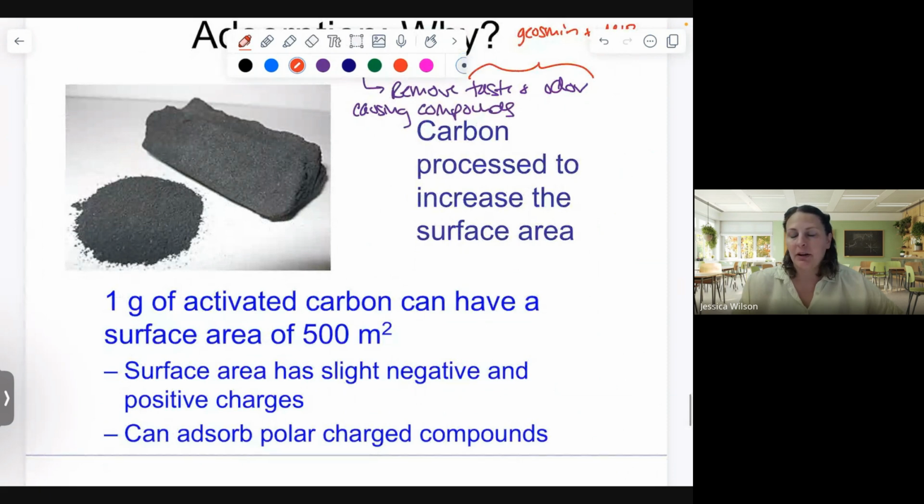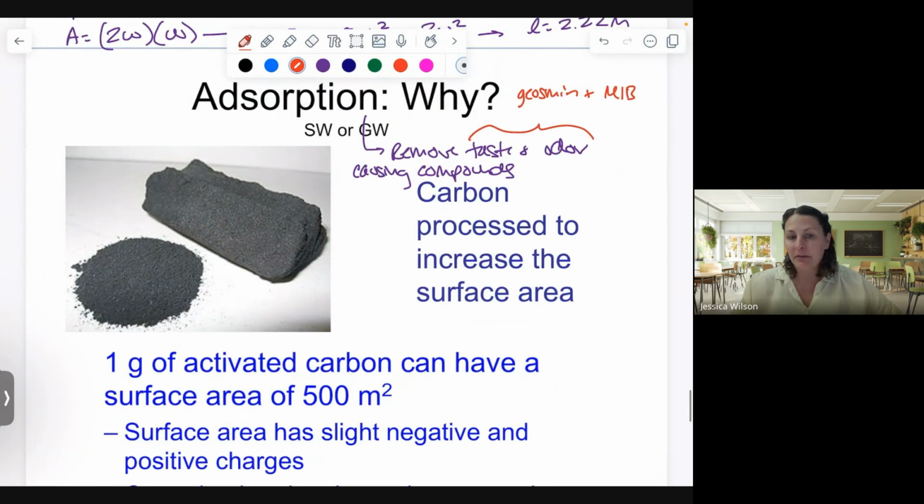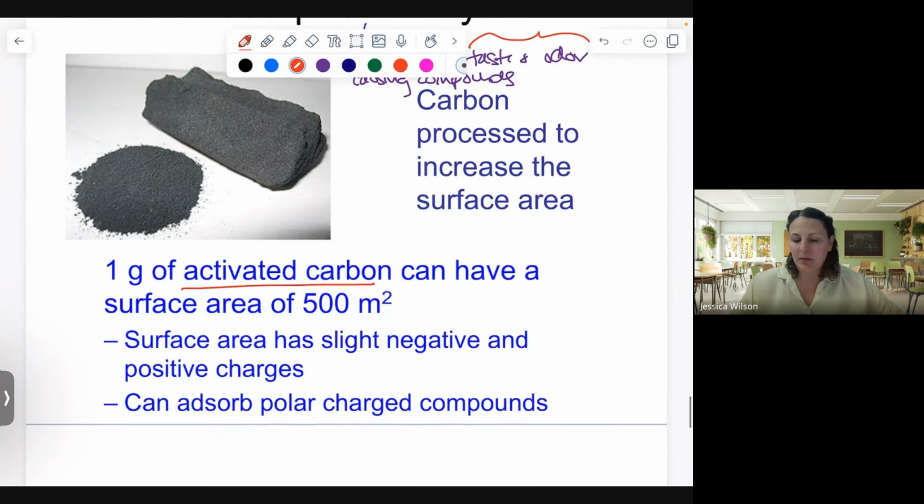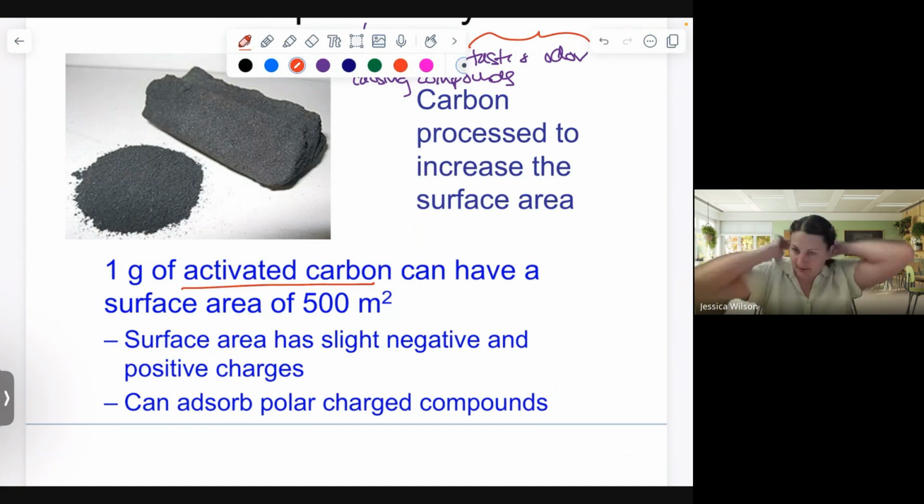This charcoal is what we call activated carbon. Activated carbon is just carbon that's been processed to increase the surface area. When I say processed, I mean it's been heated to a really high temperature. And when you do that, you end up significantly increasing the surface area.